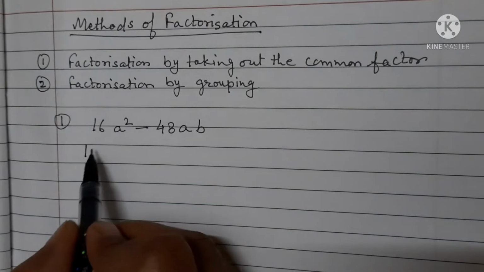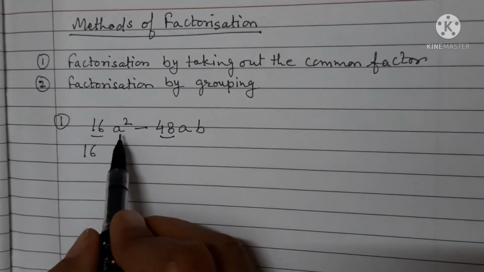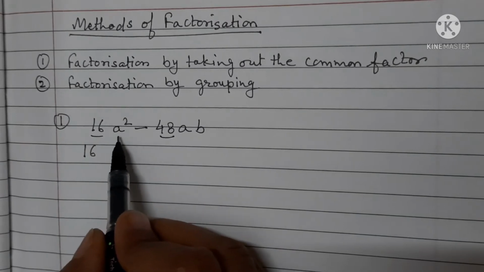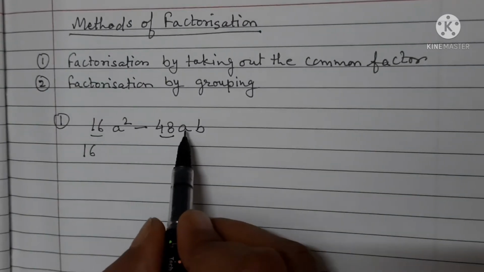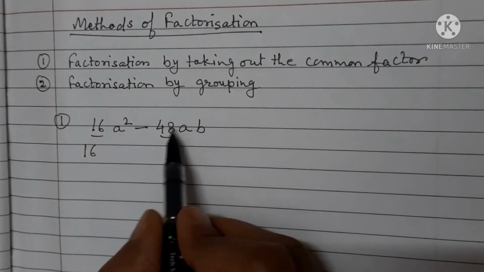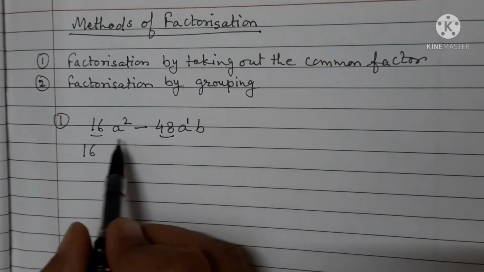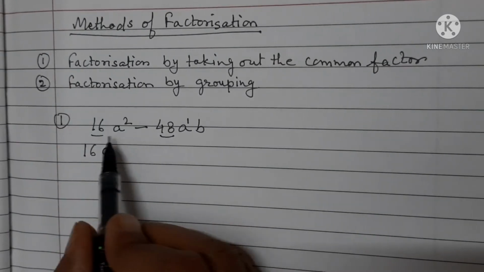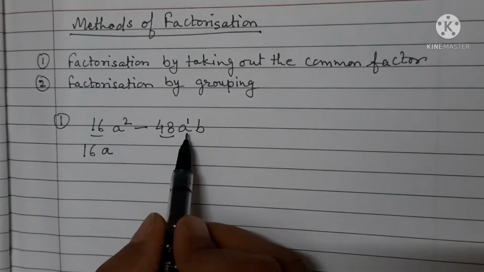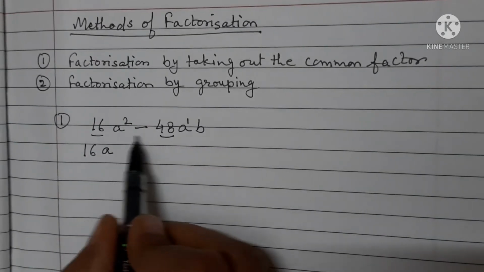So here 16 you can take common from the constant term, and these are variables a square and ab. Here the lower degree of the variable is 1, here a square and here a to the power of 1. So you can take out a from these two terms, and no other common factor is seen here.